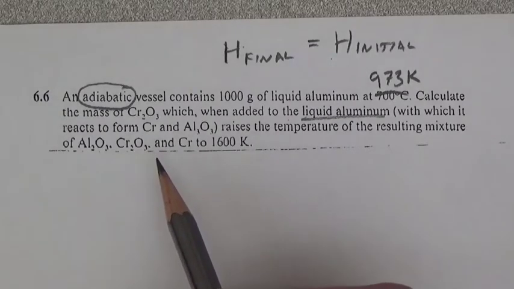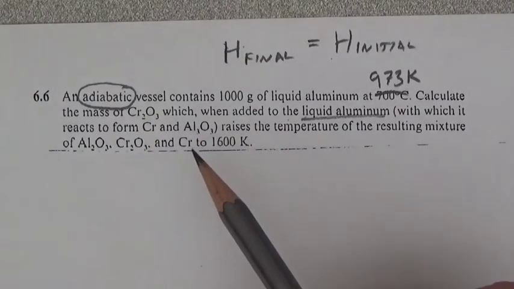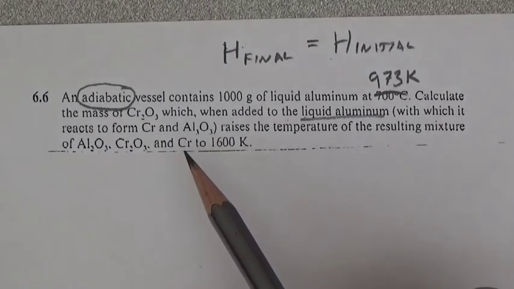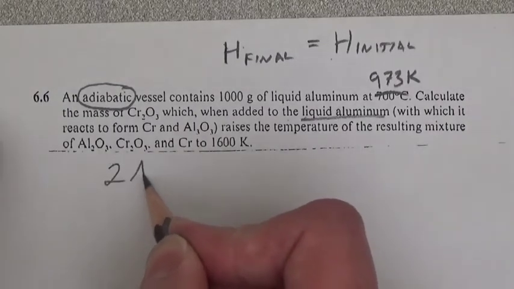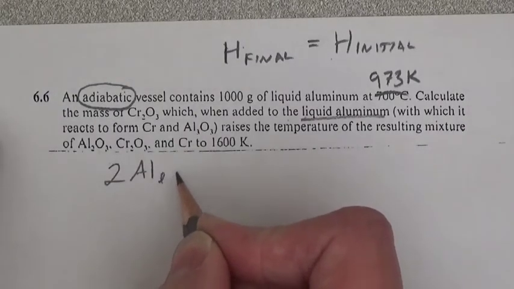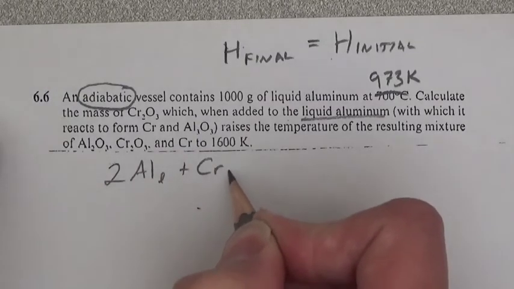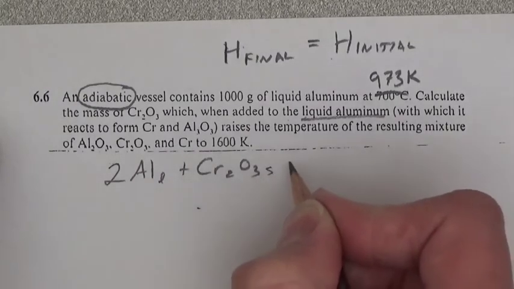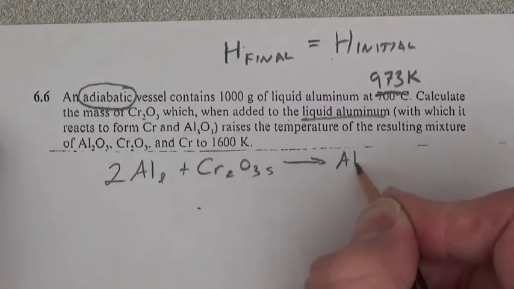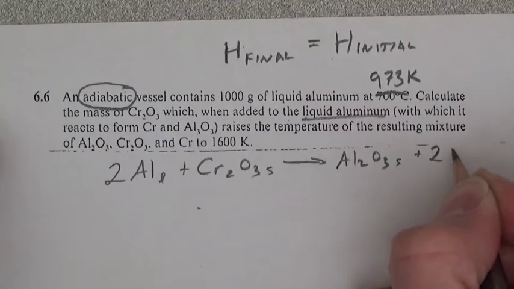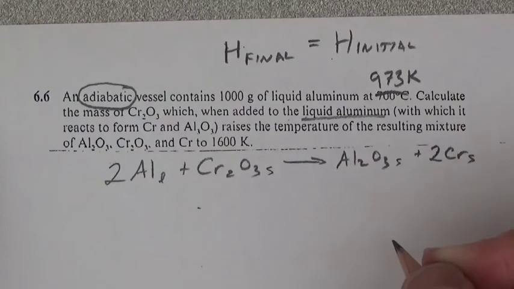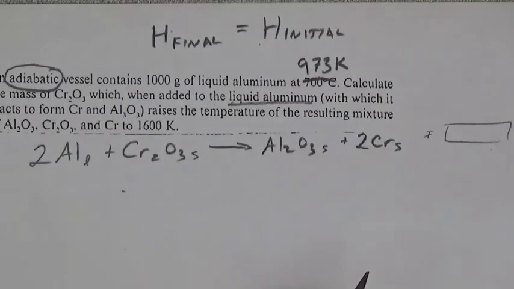The aluminum is oxidized, and then there's going to be some excess Cr2O3 that's thrown in addition to the initial load, and that's going to be left over. The reaction is 2Al liquid plus Cr2O3 solid goes to Al2O3 solid plus 2Cr solid, plus excess reagent.